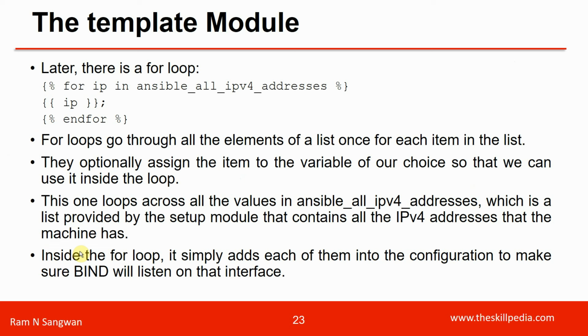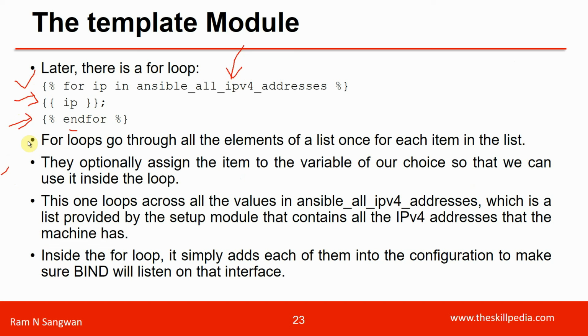Then there is a for loop used: for IP in Ansible all IPv4 addresses, and an interpolated variable using double curly braces, IP and N4. So this is how we are putting in a loop using Ansible gathered facts, and this is where we are ending the loop.